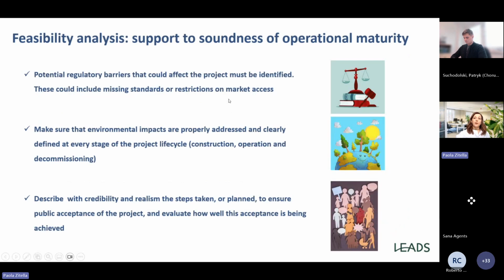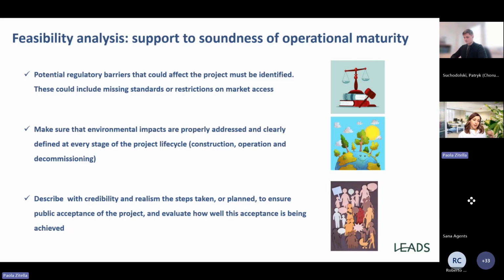You also need to provide documents that show you have support from the relevant authorities about this. Related to operational maturity, you need to identify any potential regulatory barriers that could affect the project, including missing standards or restrictions on market access. You need to make sure that the environmental impacts are properly addressed and clearly defined at every stage of the project life cycle: the construction, but also operation and decommissioning.